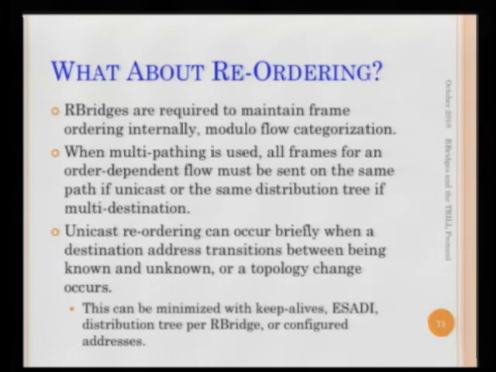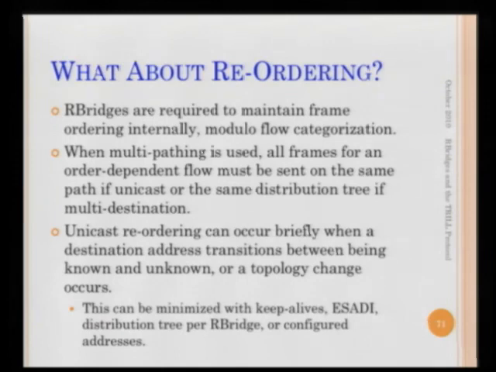It is the case that with unicast, with RBridges, unicast reordering can occur briefly when a destination address transitions between known or unknown, or if there's a topology change. And actually, bridges typically reorder when an address changes between known and unknown, because many bridges put unknown multicast frames on the multicast queue.